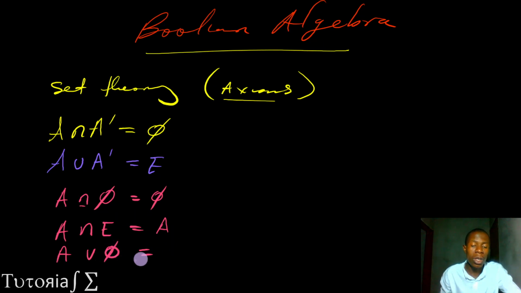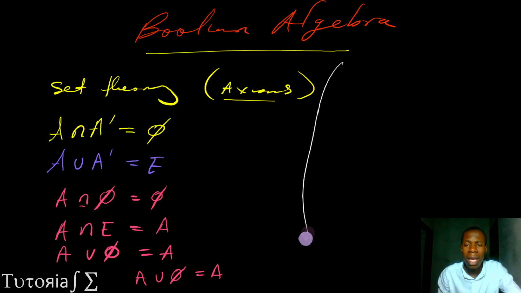When you combine, union is combining, you're just going to get the set A. Combining the set A and an empty set, what you get there is the set A.